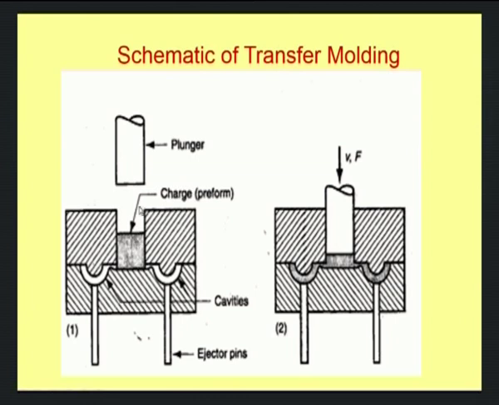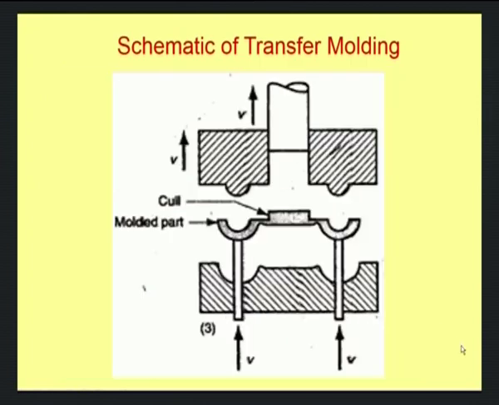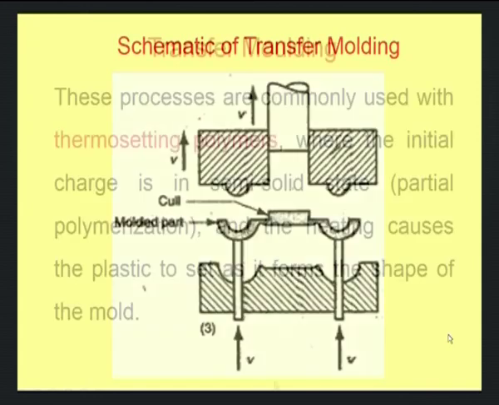Here also, in the transfer pot you have the necessary resin in the free form. The plunger moves and then it squeezes the resin to fill these two mold cavities. These are the ejector pins. Once the products get solidified, the ejector pins will simply remove the product. So, this is how transfer molding is done.